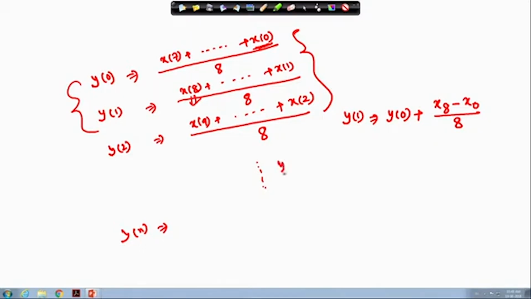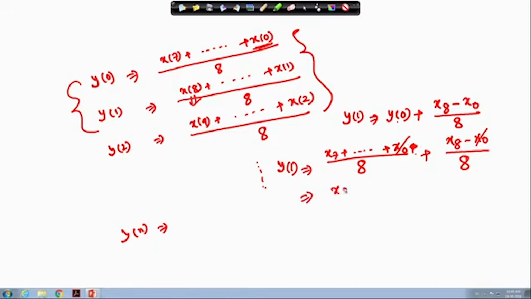Because what is y 0? y 0 is nothing but x 7 to x 0 divided by 8. Then here, x 0 will be cut, so it will become x 8 up to x 1 divided by 8.